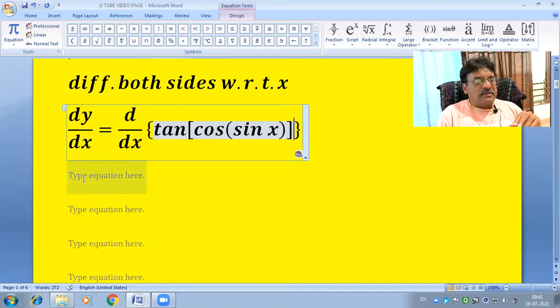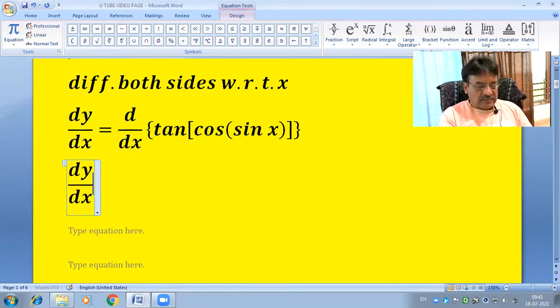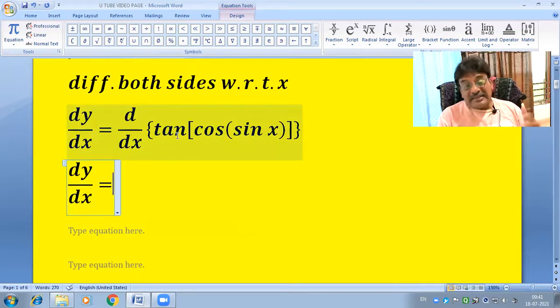Therefore, dy by dx, LHS as it is, equals d/dx of tan of cos of sin x. We use the simple derivative formula: d/dx of tan f(x) is sec square f(x) into f dash of x, that is d/dx of f(x).